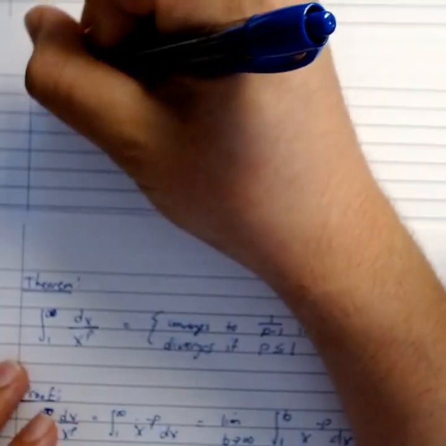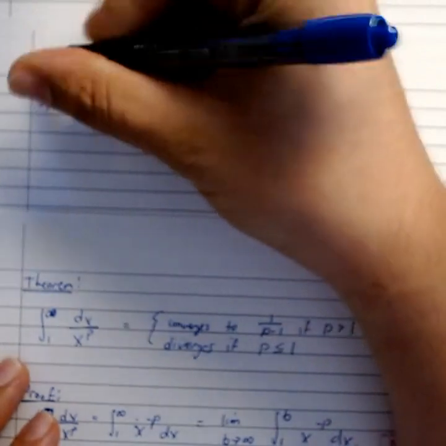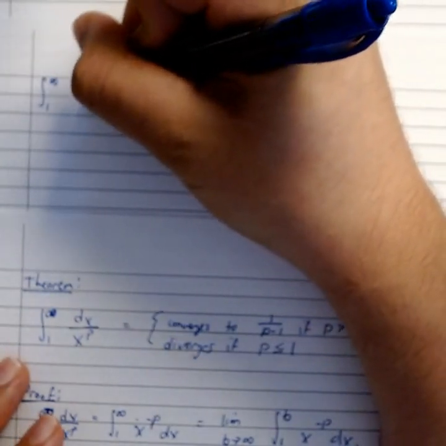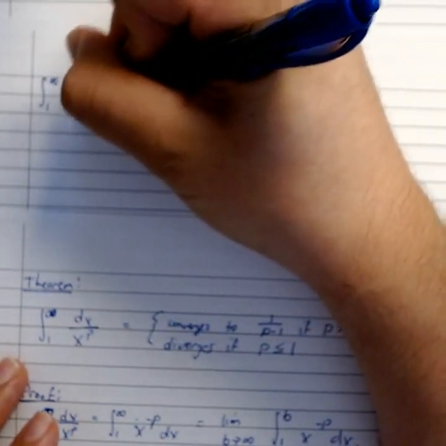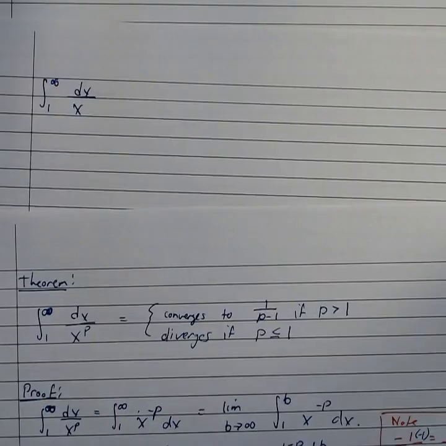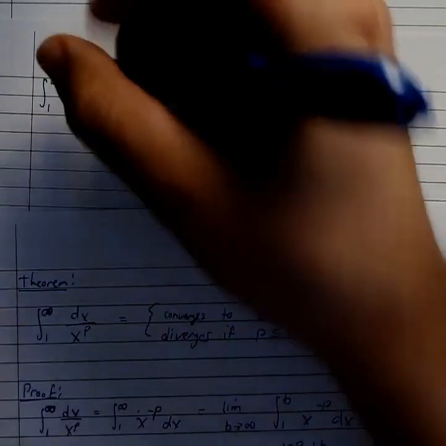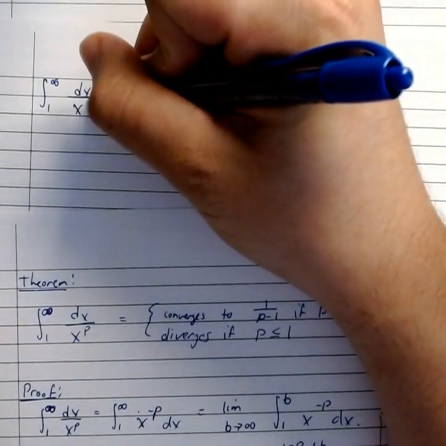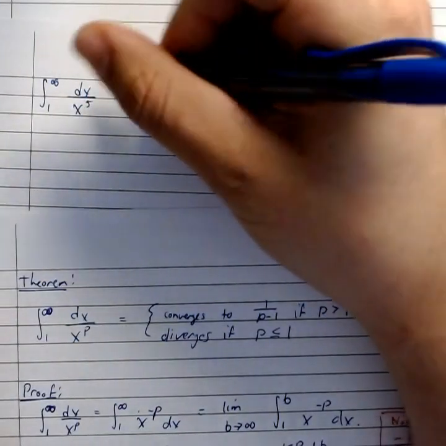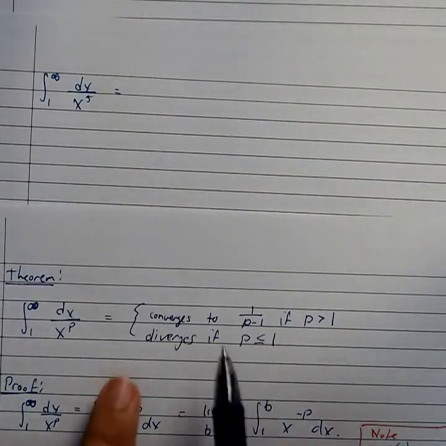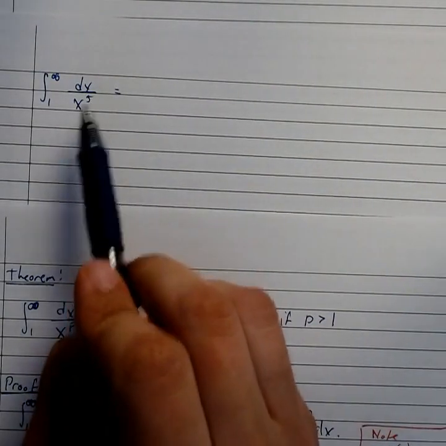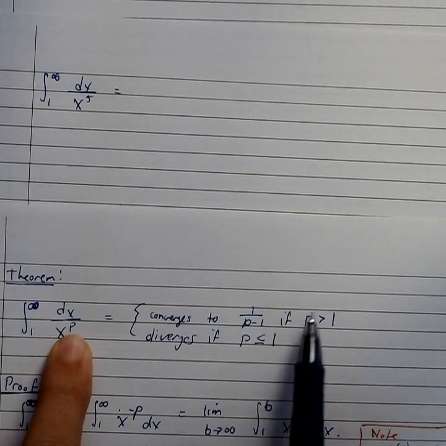If I take the integral from 1 to infinity of, let's say, dx over x to, I've gone out of focus there. Okay, there we go. The integral from 1 to infinity of dx over x to the power, let's say, power 5, that's going to equal, well, first of all, we know that the power 5 is greater than 1.